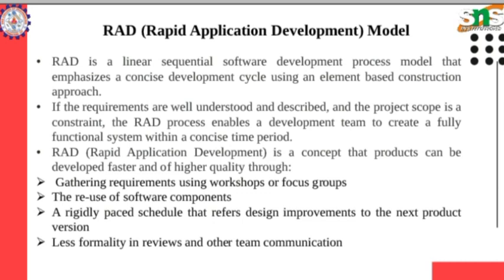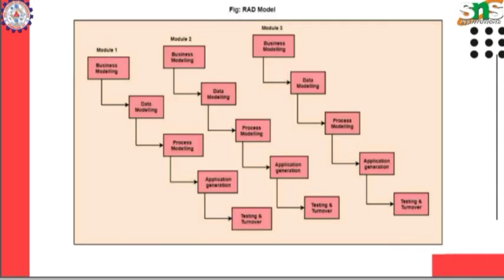RAD is a concept that products can be developed faster and of higher quality through gathering requirements using workshops or focus groups, the reuse of software components, a rigidly paced schedule that defers design improvements to the next version, and less formality in reviews and other team communication.